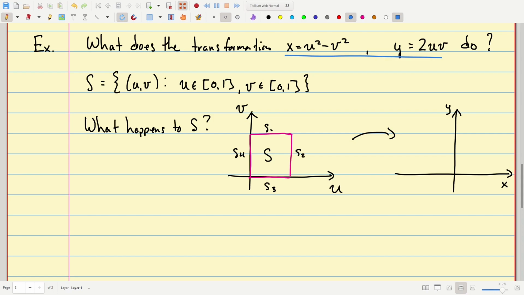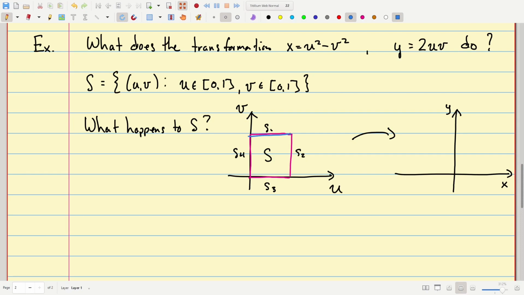Yes, no, maybe. It's a polynomial. It's continuous, right? Okay, so it's not a trick question. When we're talking about transformations, we want them to be continuous. Otherwise, they're difficult. Okay? So continuous transformation should take continuous pieces to continuous pieces, right?